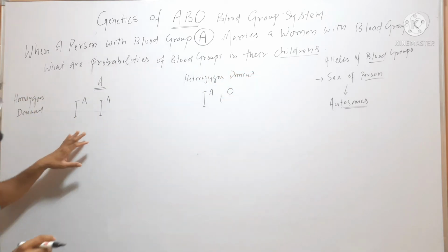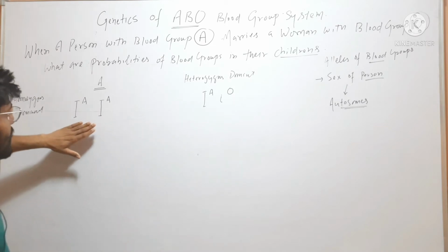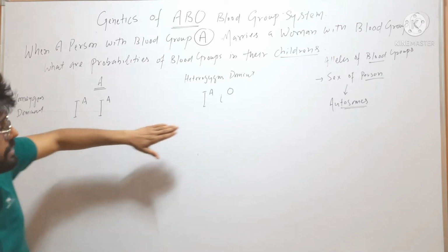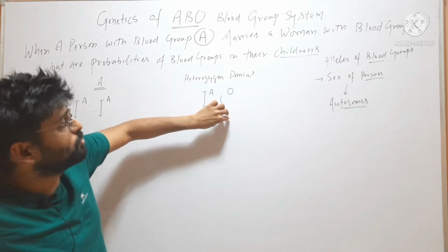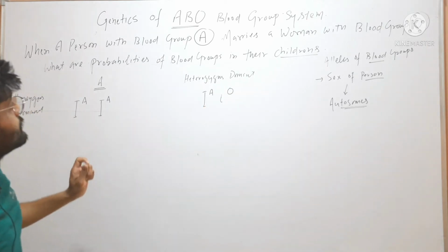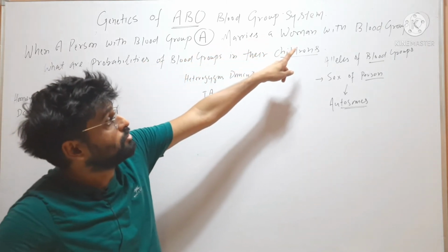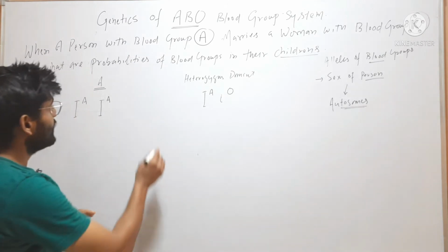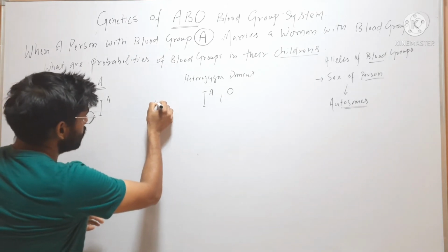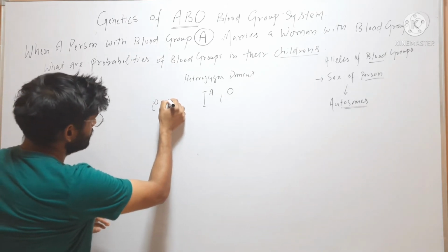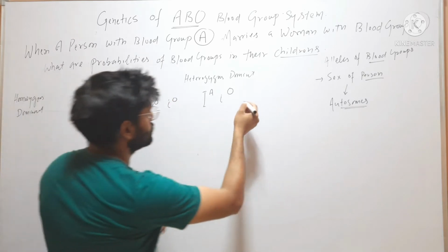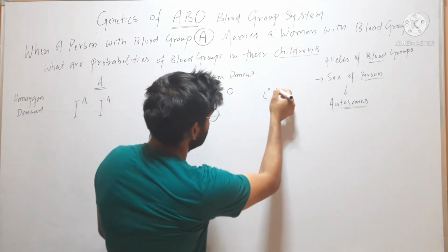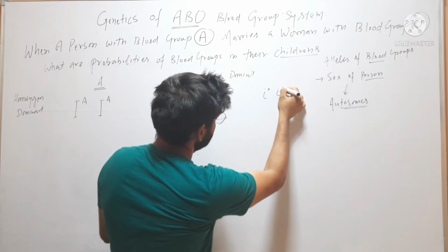So a person with blood group A has either genotype IA IA or IA i naught. And the woman with blood group O will have genotype small i naught and small i naught.